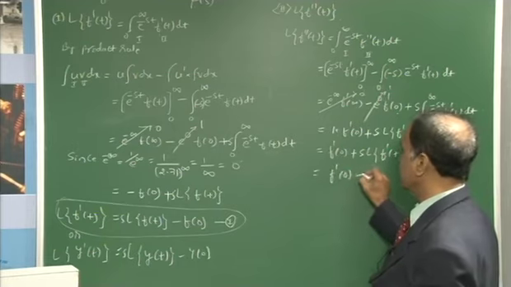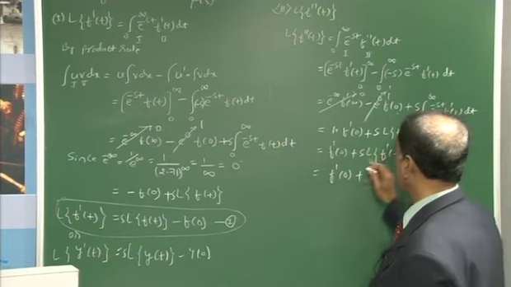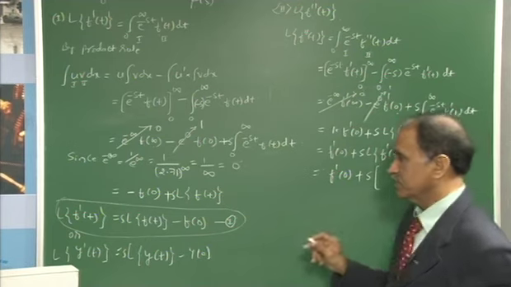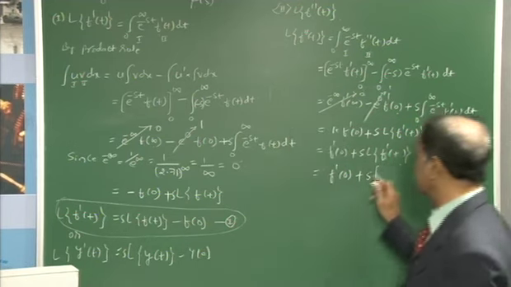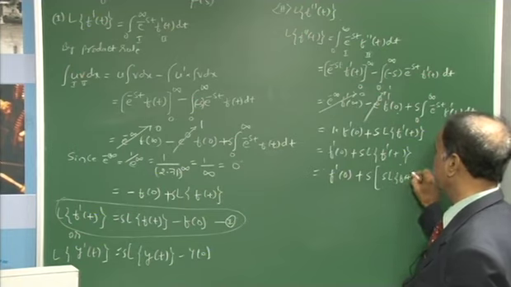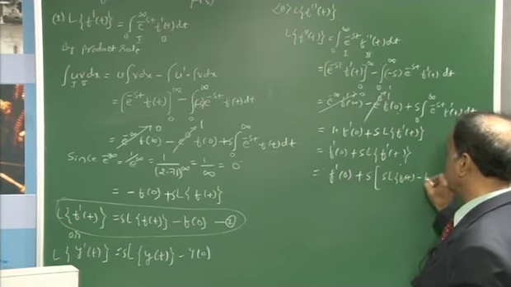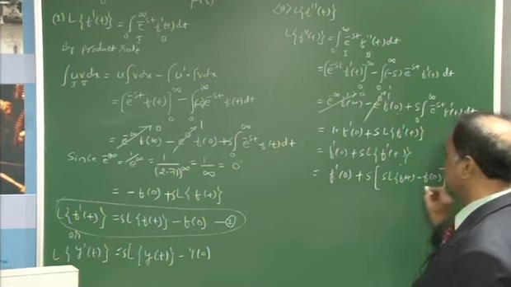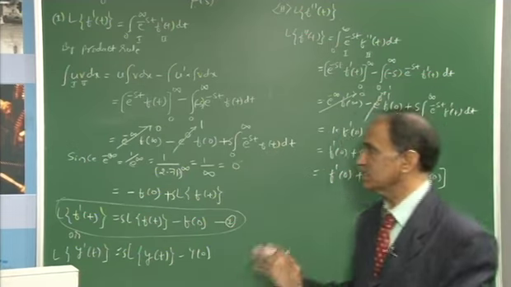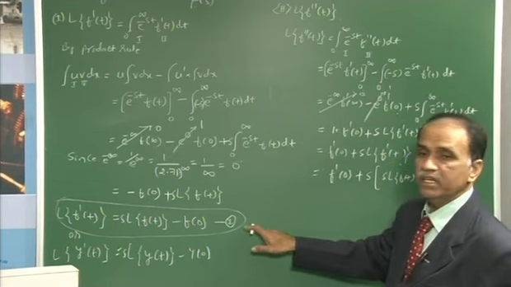F dash of 0 plus s into this L of f dash of t. Write both the results in place of L of f dash of t: s into L of f of t and minus of it is f of 0. Your integration procedure is over once you replace this, because it is already done from the first result.